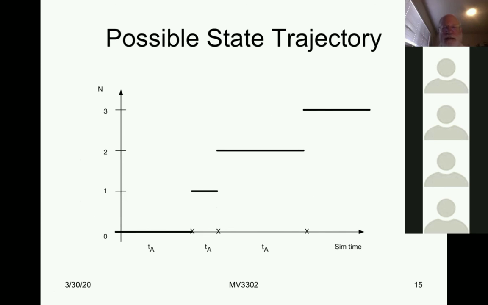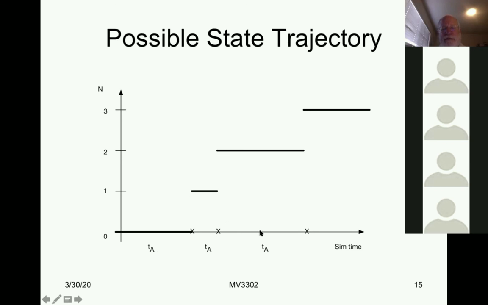So what does that possibly look like? It will look something like this. Here's a possible state trajectory. At time 0, the value of n is 0. At the first value of t sub a later, this is the first arrival event, and it changes the value of n from 0 to 1. Then the next t sub a value is this, and it will change the value of n from 1 to 2.